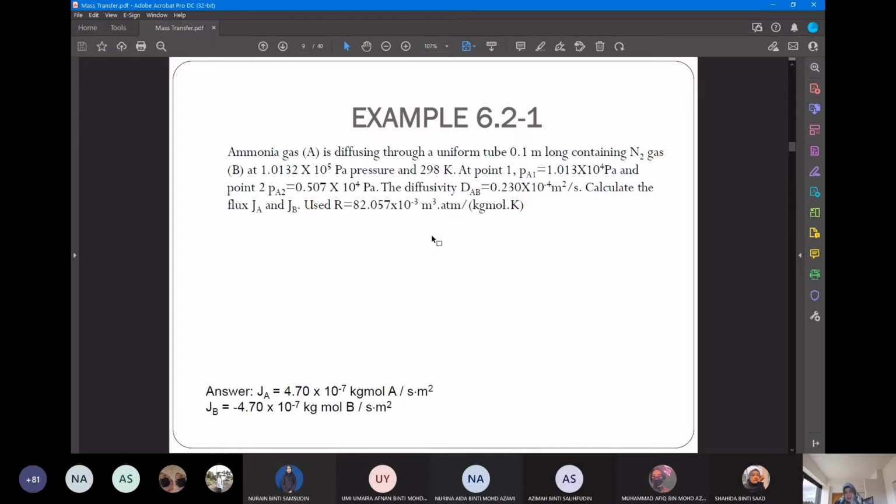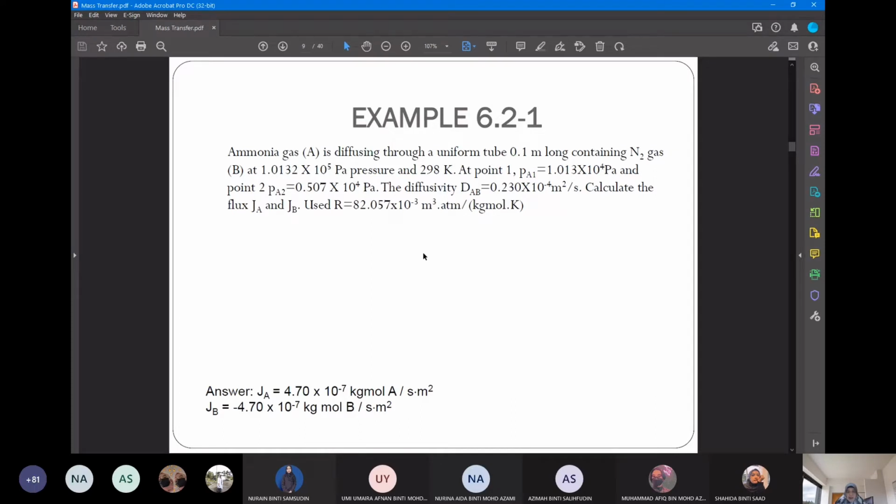If they are the same, meaning that 1 to 1, then you can use this formula. But if 1 Pascal is not equal to 1 ATM, then you need to do the conversion. There are two types of conversion that you can use, whether you change this Pascal to ATM or you change this ATM to Pascal. So you cannot use the constant given directly without looking at the units. So make sure the units are consistent.